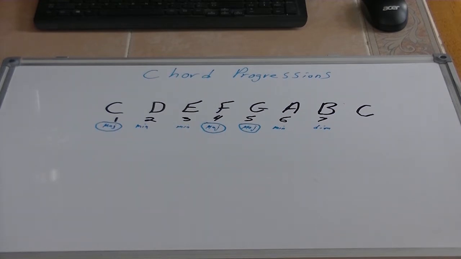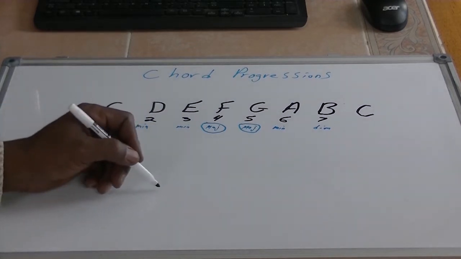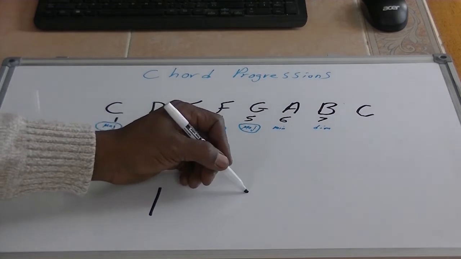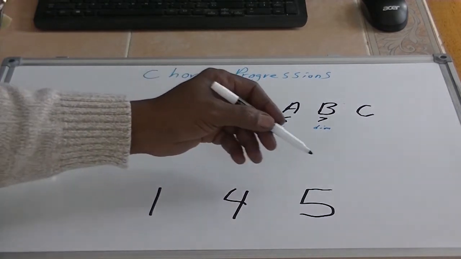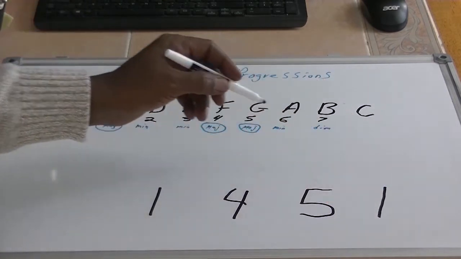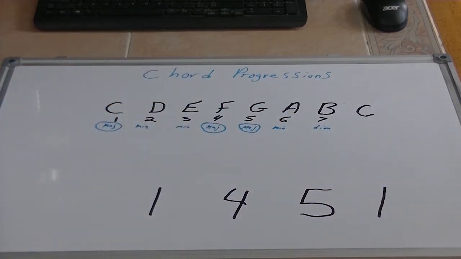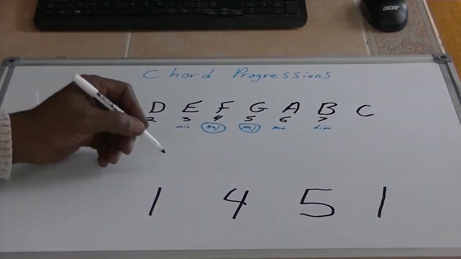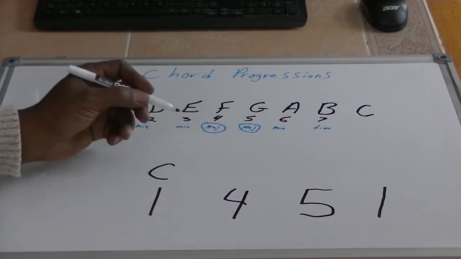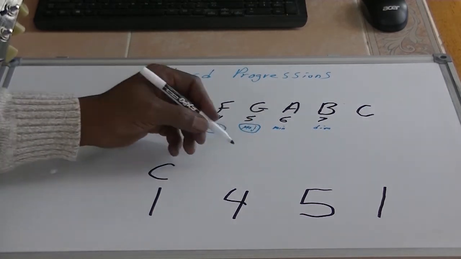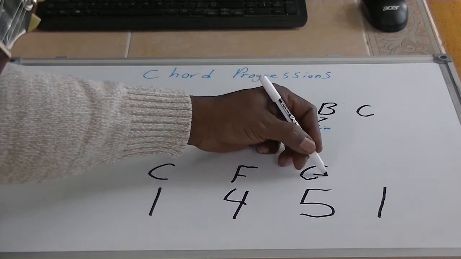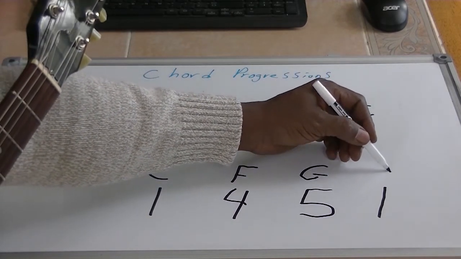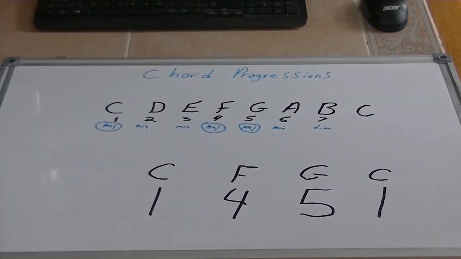And the first thing I want to just kind of show you is that if I were to take the 1, the 4, and the 5, and then put 1 after the 5, now I have a sequence of 4 chords. So now we have our 1 is C major, our 4 is F major, our 5 is G major, and then we return to the C major chord.